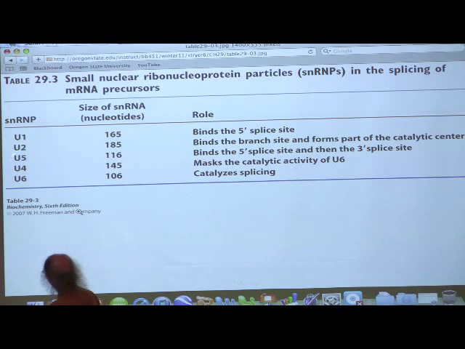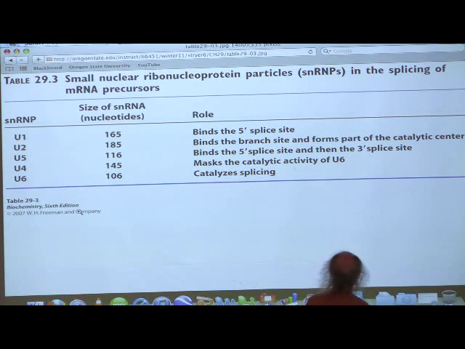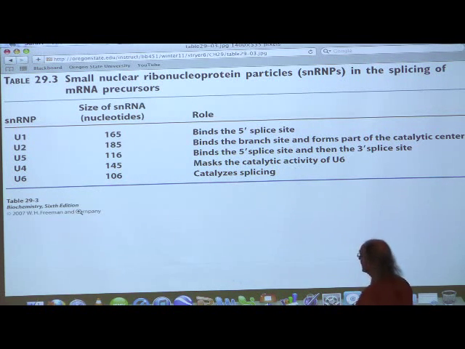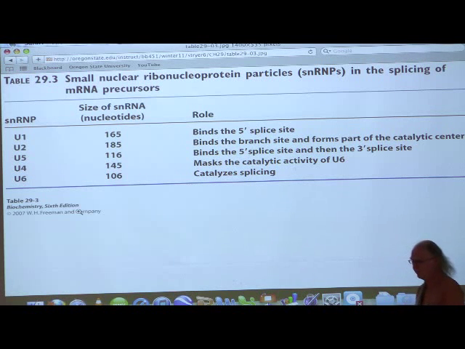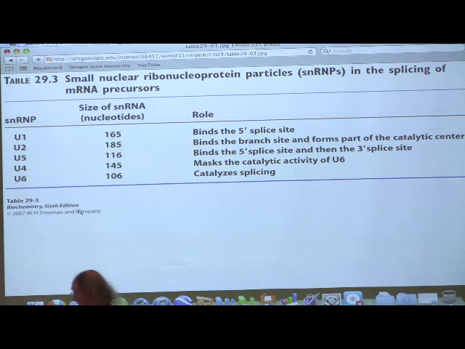They have names: U1, U2, U5, U4, U6. These are proteins that make a complex that performs the splicing. They don't do it by themselves. They also do this in conjunction with some specialized RNAs known as snRNAs.